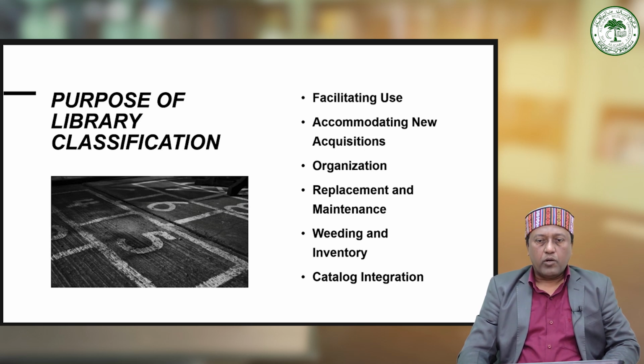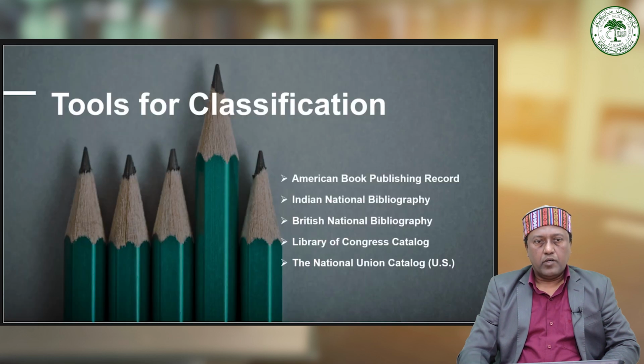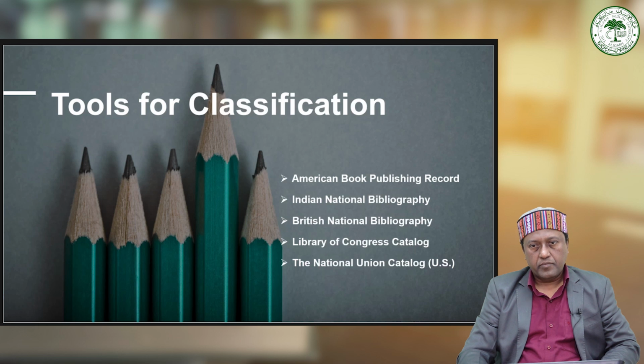And one more important purpose is catalog integration. Classification systems provide a link between the physical arrangement of materials on the shelves and the library catalog. By assigning each document an individual class number, classification enables users to locate materials based on the information provided in the library catalog.